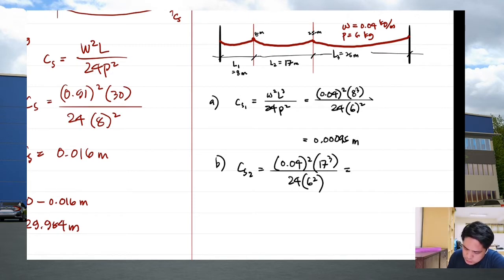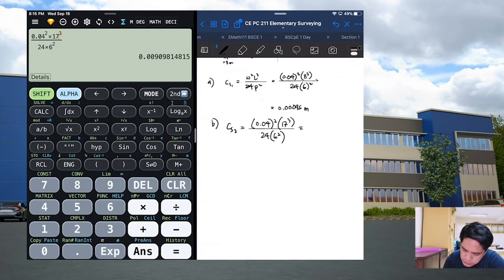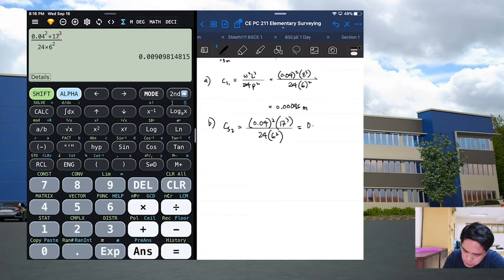So using the same formula, we'll just change 8 to 17. So the answer is 0.00991, 0.00910 na lang, kasi 5 decimal places yung kinonsider natin.